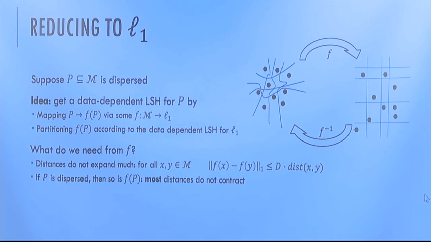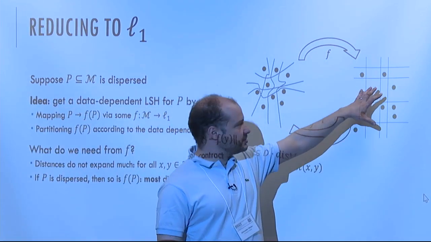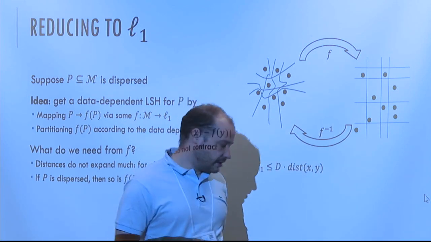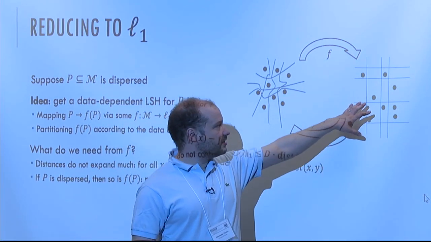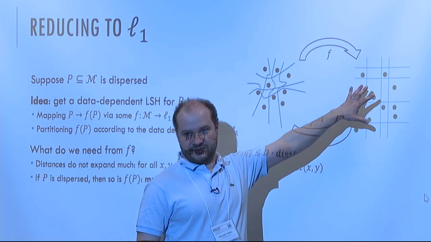However, I think what's more interesting is the other part of the guarantee, which is that I want to make sure that no bucket, no cell here gets too many points. This is the other thing that I need: more than a P2 fraction of the points. And we said this is true here if there is no dense ball, if this point set is dispersed.